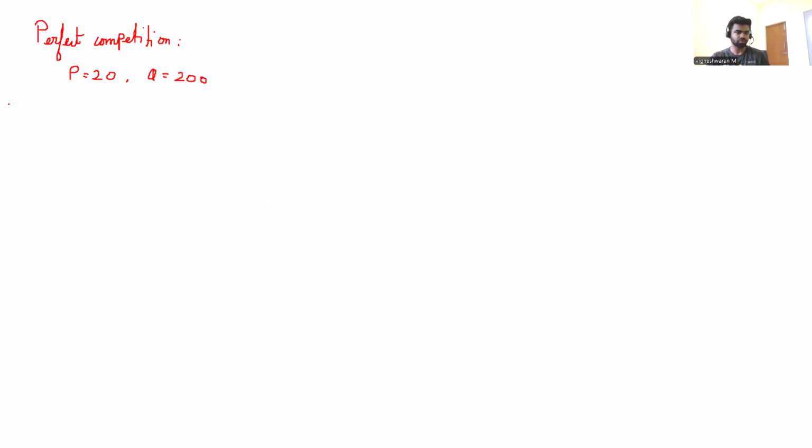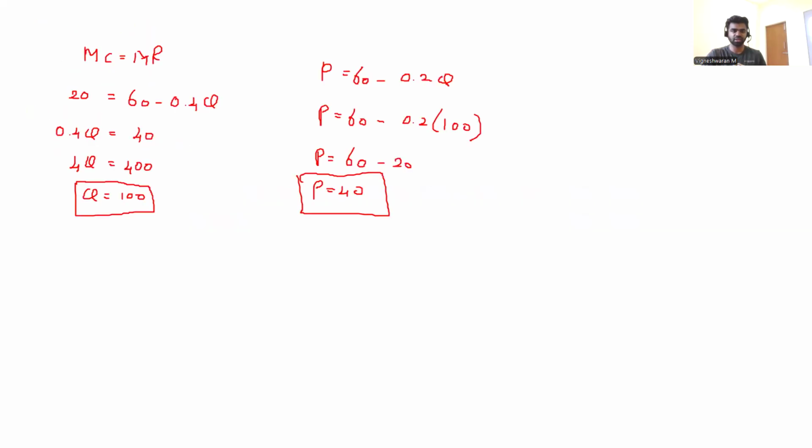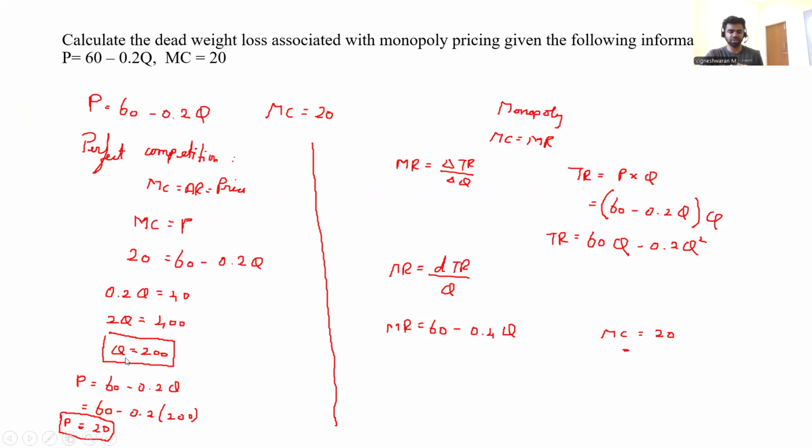And in monopoly, price is equal to 40 and quantity is equal to 100. So also you find the profits. For perfect competition, we have found the price and the quantity, right? So we know how to find the profits, right? I will explain now itself.